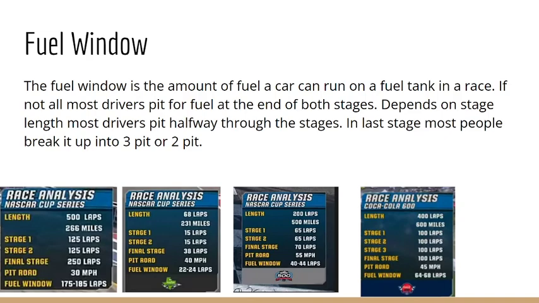So, earlier I mentioned something about Austin Cindric winning this race. Winning our last race, he won it on fuel. So some of these races have to come down to fuel. That's exactly what happened with Ryan Blaney. Ryan Blaney was on pace to win the race, was comfortably ahead, but he had to do some hard racing with Christopher Bell. Couldn't really save fuel.